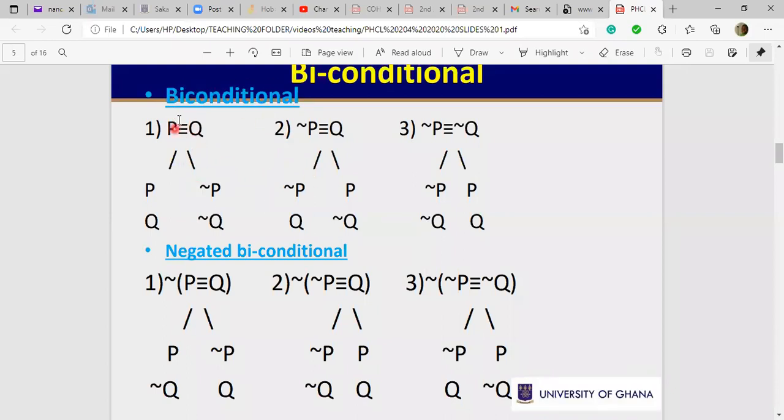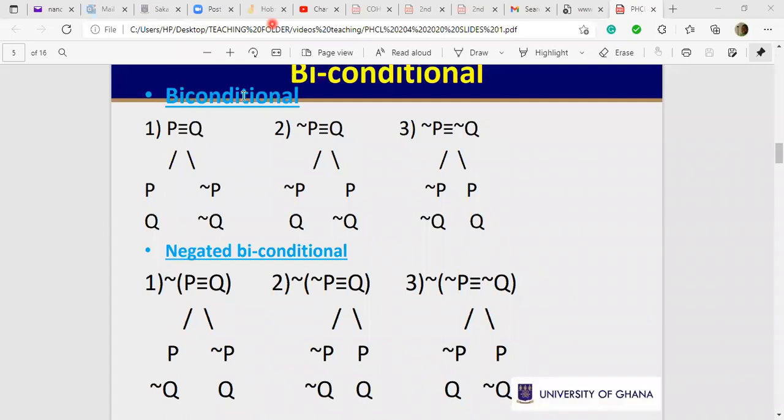Okay. The last compound, then I think we can start rounding up. I am drained. This is a biconditional. A quick exercise. Let me see if people are still here. I want someone to mention the 5 types of compounds that you know of.